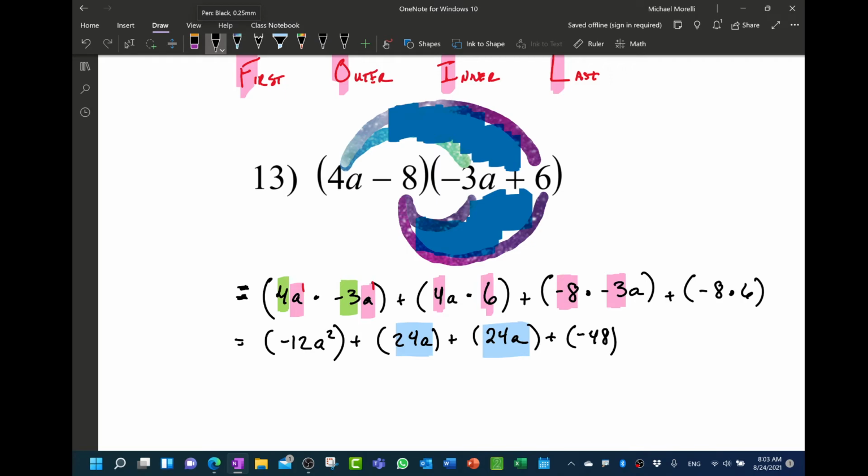We can drop now the parentheses and just write negative 12a squared. And now we can combine these terms. 24 plus 24 is 48. We're just adding, so we're not going to do anything with the a's. We're just going to put 48a plus 48a, and then minus 48. Okay, minus 48.